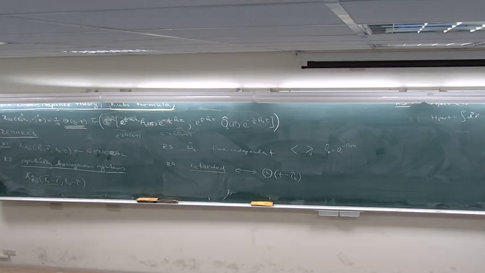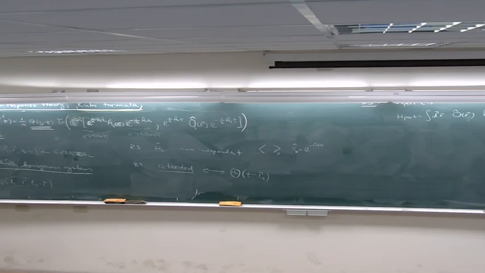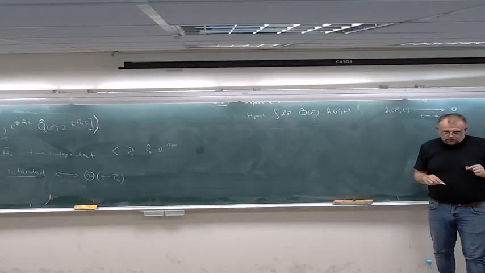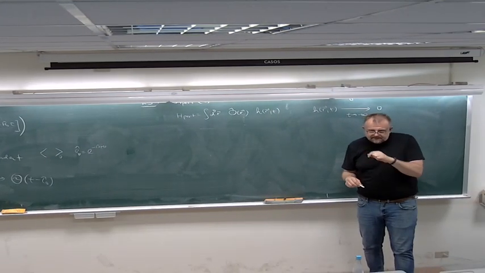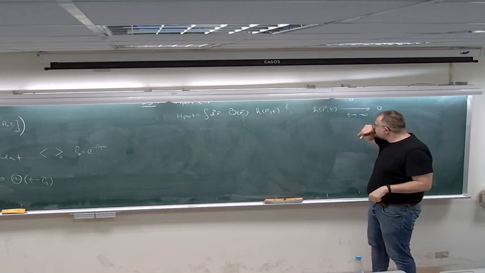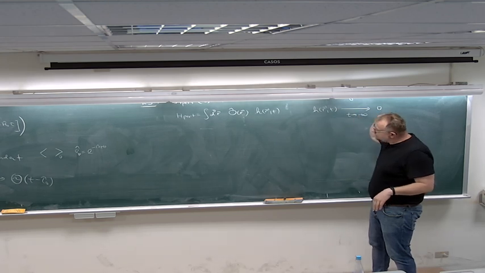This function R(t) should be such that if we go with time to minus infinity, then this function goes to 0. So the perturbation is turned on adiabatically.